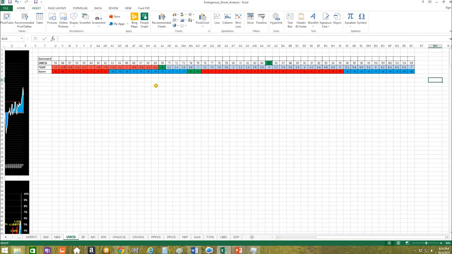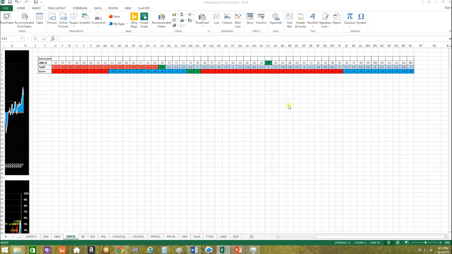So what we have to do is look at the data and match up historically the level of GDP growth that's consistent with a certain level of the UMCSI. And the way we do that is pretty straightforward.